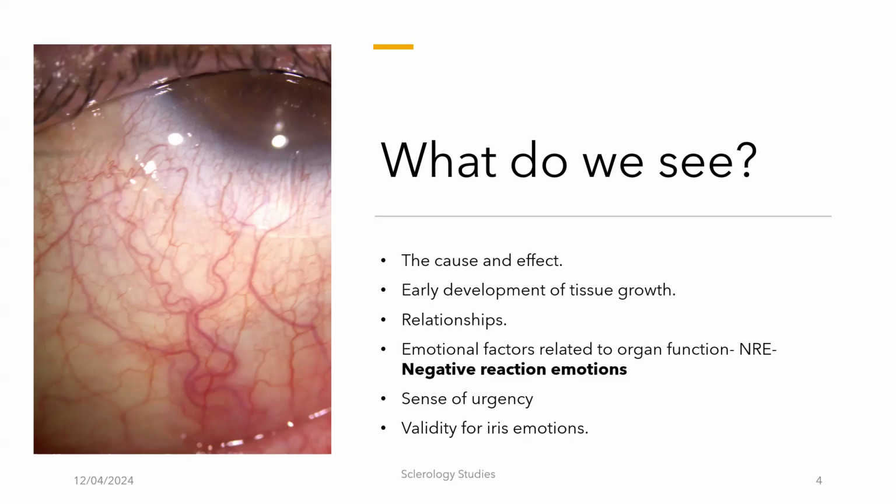So, the sclera and the iris, they're just sweet twins. The benefit of using sclerology is that you really don't need a camera to do this. You can do this right from a chair.